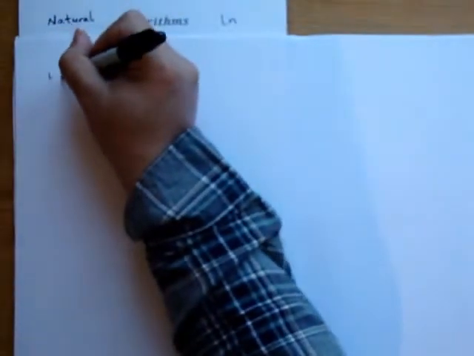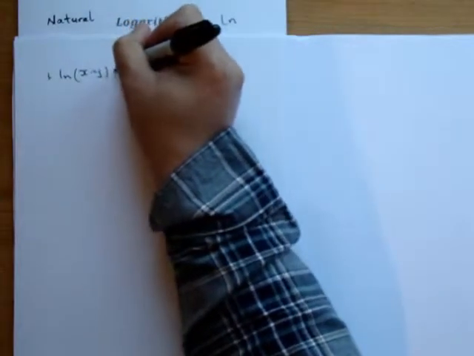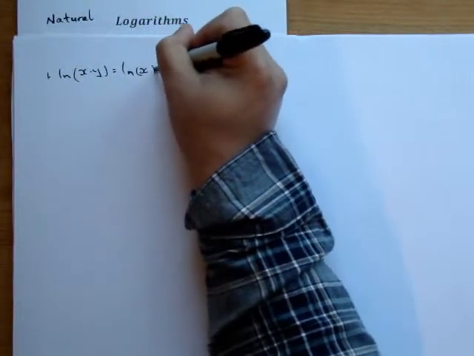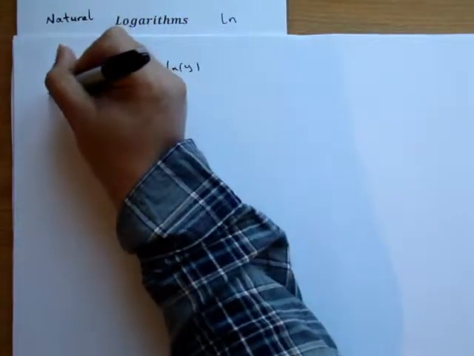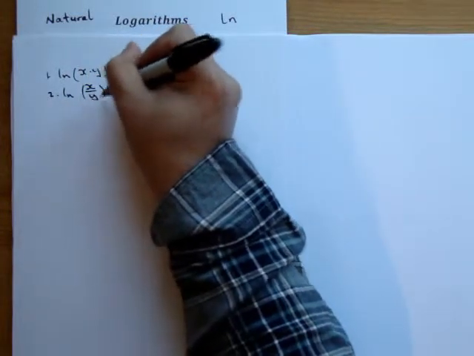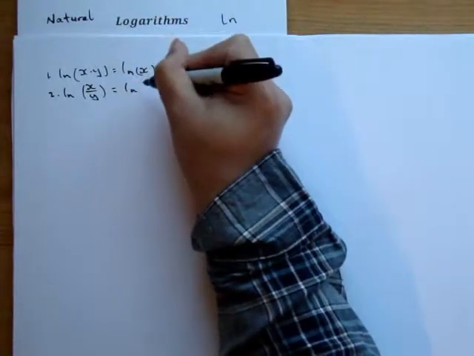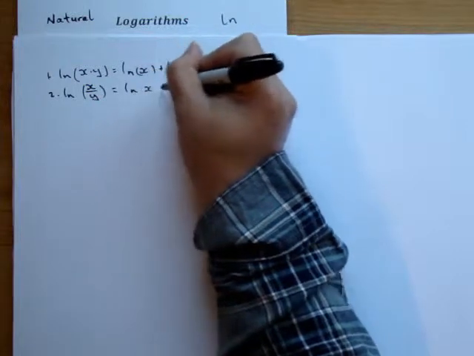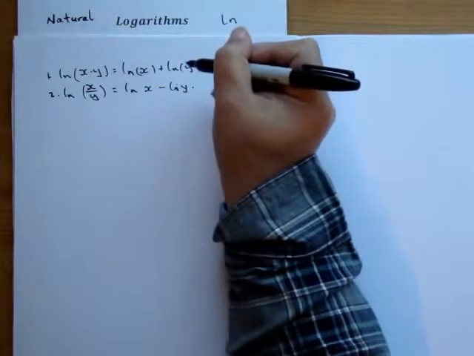The laws of logarithms also apply to natural logarithms. So the natural log of xy equals the natural log of x plus the natural log of y. Similarly, the natural log of the quotient x over y equals the natural log of x minus the natural log of y.